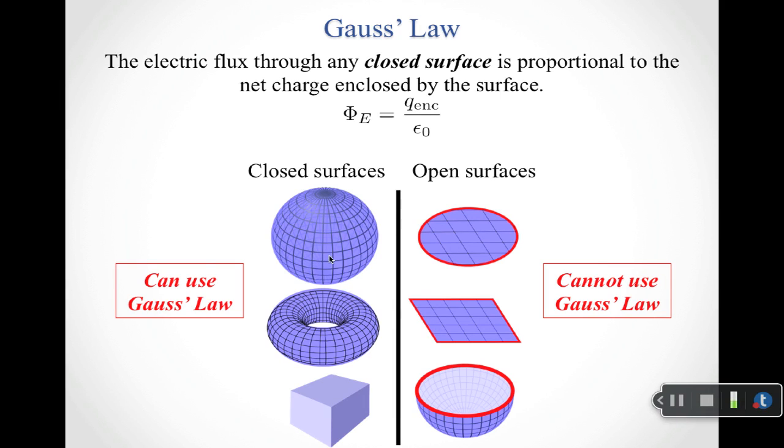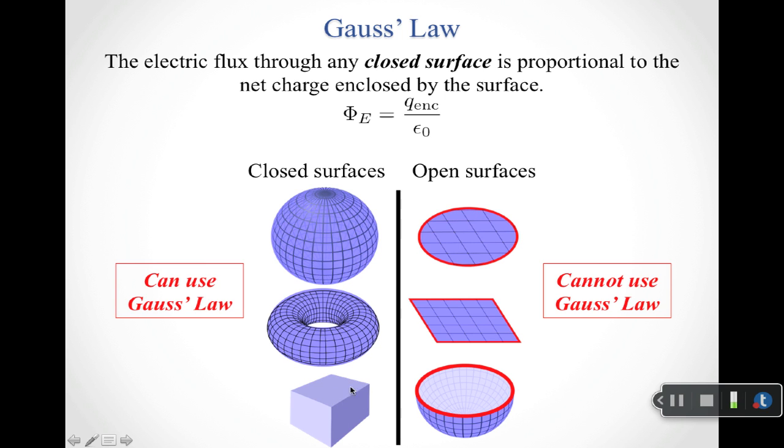Now the one way that we can get away with using Gauss's law to think about the flux through just a single square is by thinking about the flux in certain situations through a cube and then saying that, well, the square is just 1/6. It's one of the 6 sides of the cube.